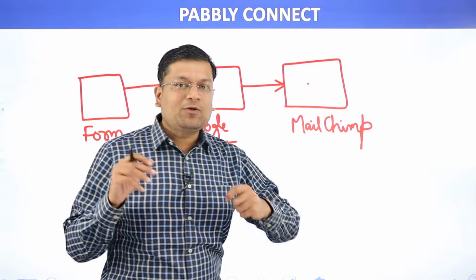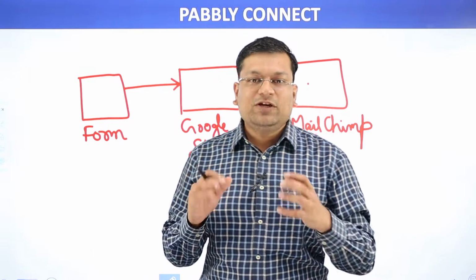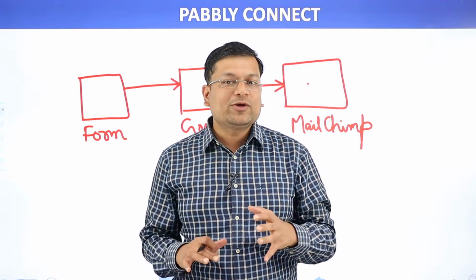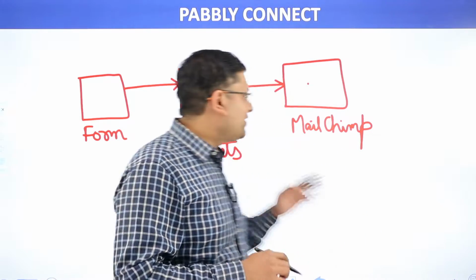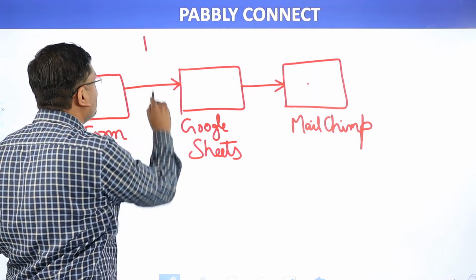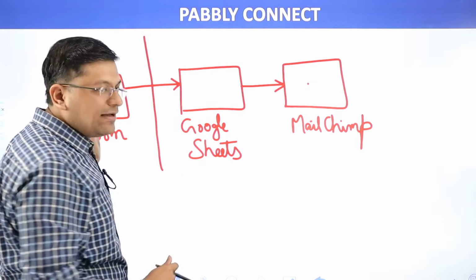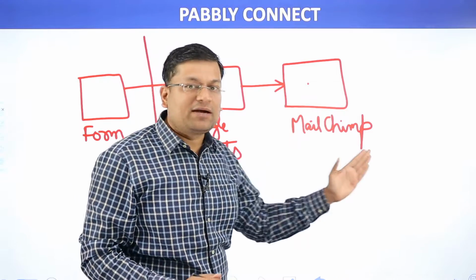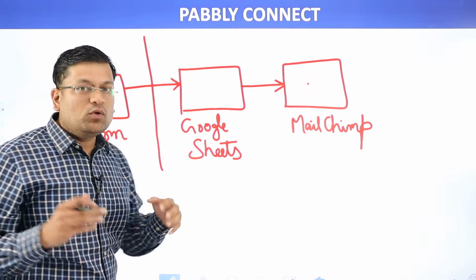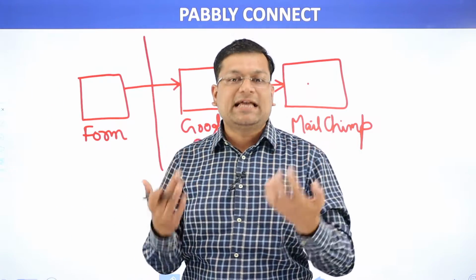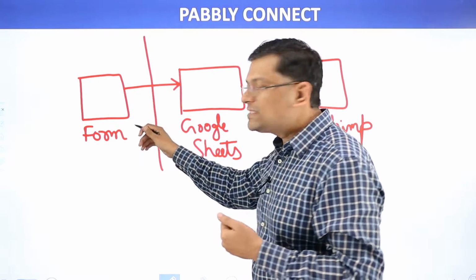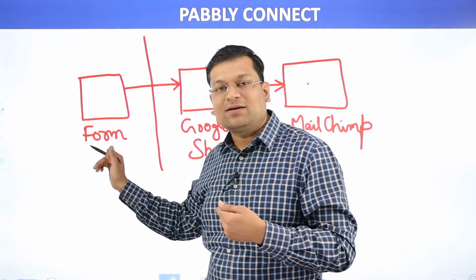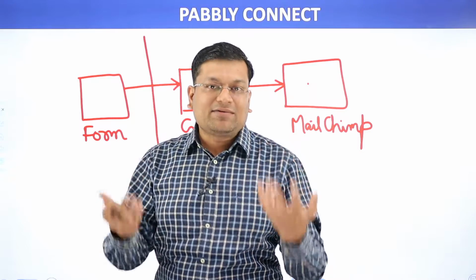Now the amazing thing about Pabbly Connect is that we do not ever calculate any kind of trigger in the task calculation. You can see this is the trigger part and this is the action part. A trigger is something when an event happens inside any specific software. So whenever a submission happens inside this software, that is a trigger.